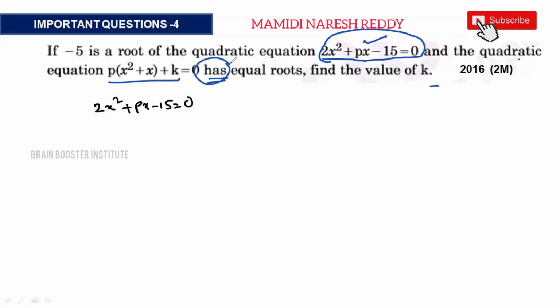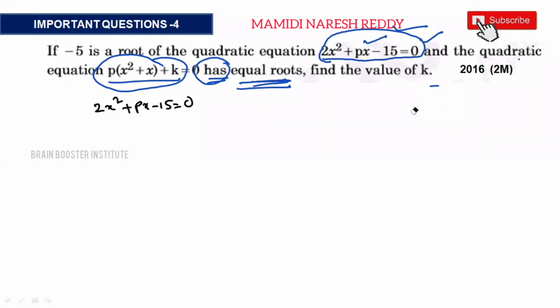As mentioned, only this equation has equal roots, not the first. So this equation is given to find the p-value, and by substituting the p-value here, we can get the value of k by using the equal roots strategy.